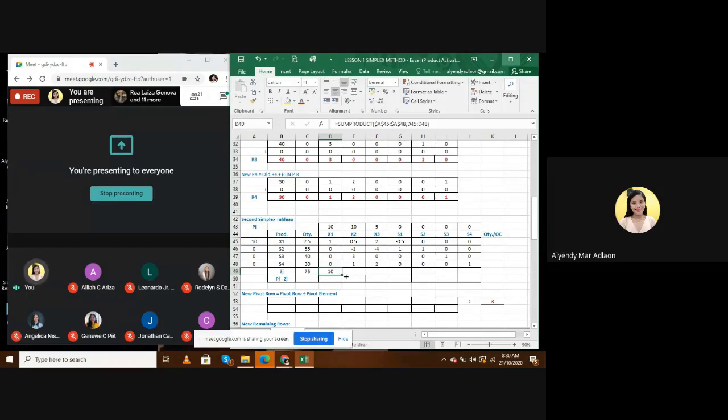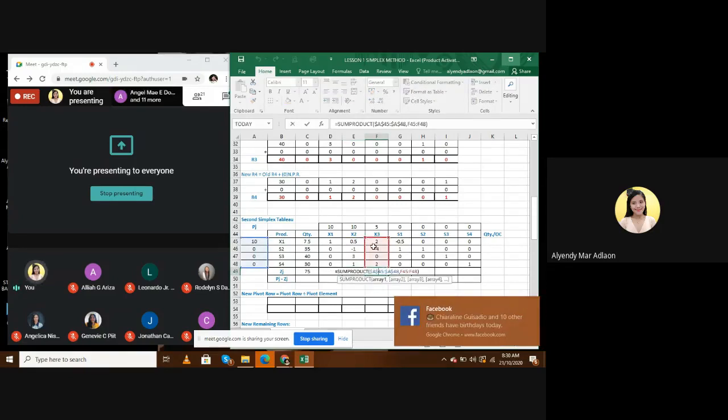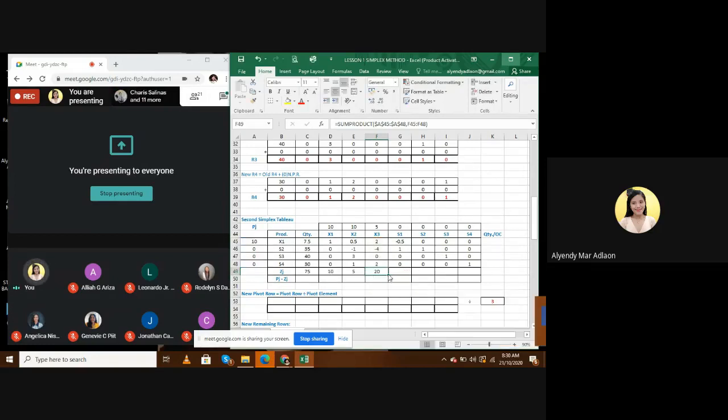So if you are to drag this one, as you can see, it is the same profit times this particular column, and then we drag again, you can see profit times this particular column. Okay? And then you drag it until the last column and that is now our total new profit.